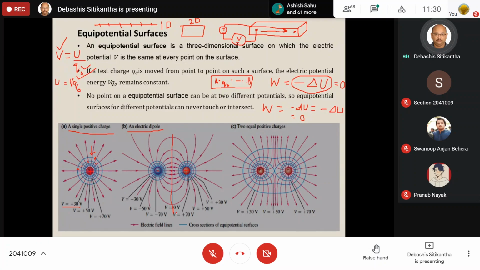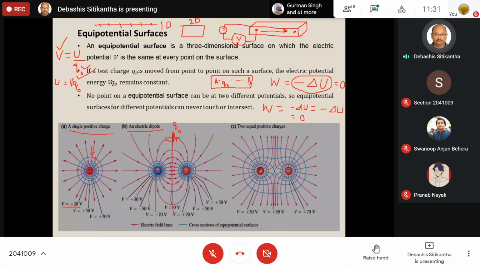So this concept is not taught to you, but at least from common sense we can say: over here at this point, the electric field from the positive charge is entering, the other one is moving out. So at this point, it may be considered that the potential is going to be zero. Why is it so? Because here it is positive. Now suppose I place a test charge Q0 over here.